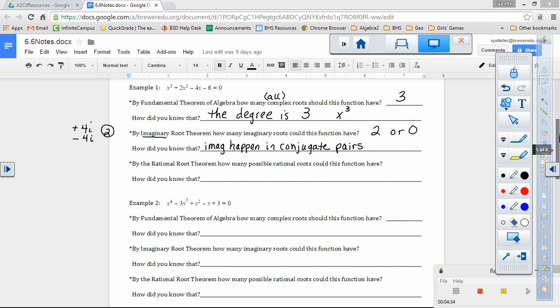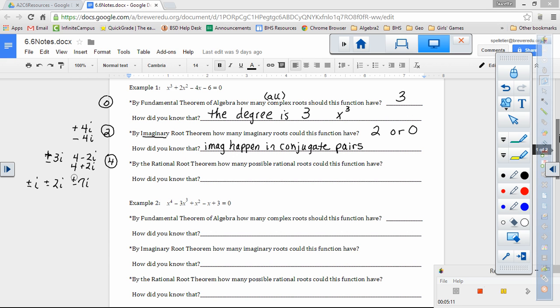If I had 2 sets of imaginary answers, let's say I had plus or minus 3i, but then I also had 4 minus 2i, and I also need 4 plus 2i, right? If I had 2 sets of imaginaries, then I would have to have 4. I could have none. If I had 3 sets of imaginary, i, 2i, and 7i as my answers, I need the plus or minus of both of them.